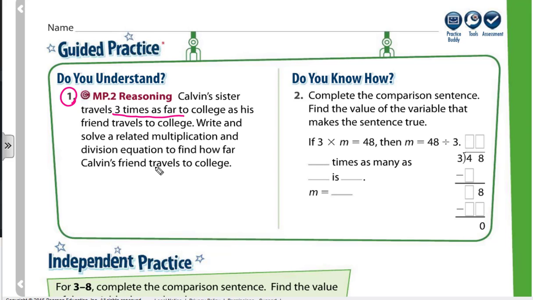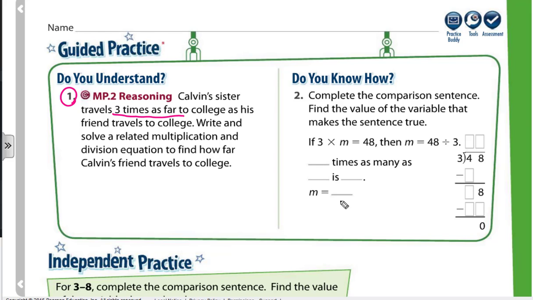Do you remember the number from the video? Yeah. It was 192. Now this is 3 times m. We will use m as the number of miles that Calvin's friend travels.